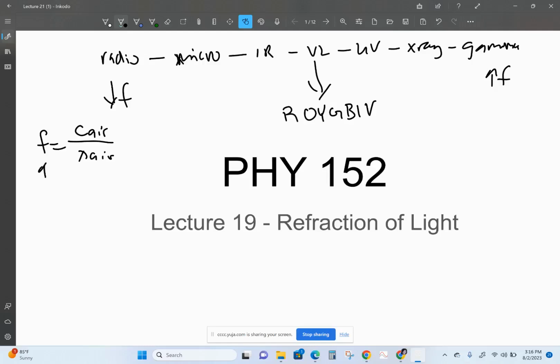And this is a constant value no matter what substance we go into. So for example, if we had a 700 nanometer wave, and that would be red light, its frequency would be 3e to the 8th meters per second divided by 700e to the negative 9 meters.